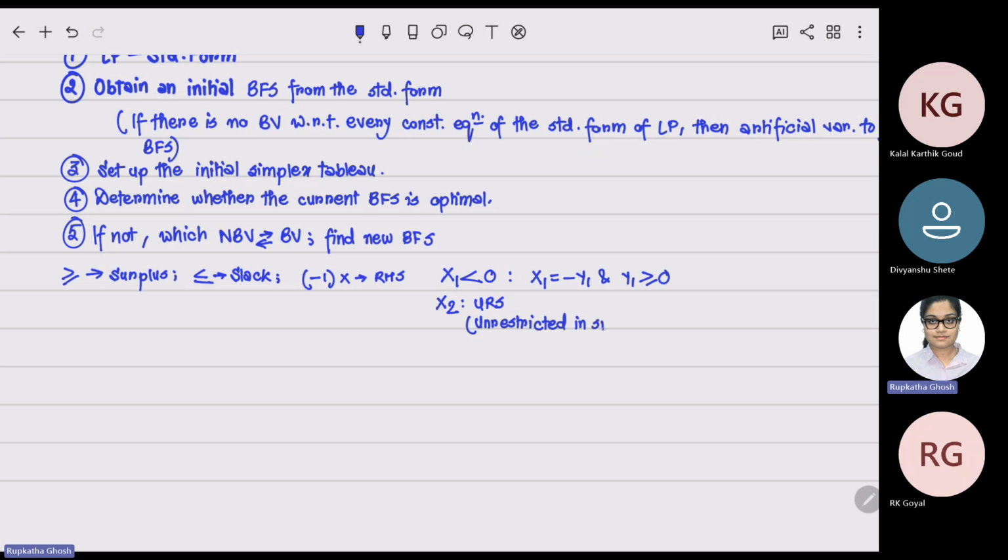Nature of the sign. That means x2 can be less than or equal to 0, or equal to 0, or greater than or equal to 0. Oh, I see. Okay, it can have any sign. So what is the transformation that you will be doing?